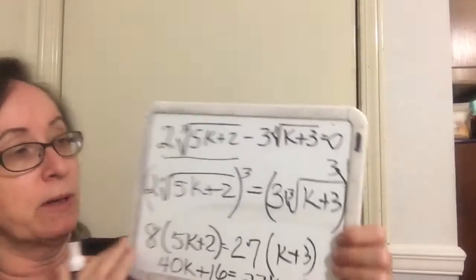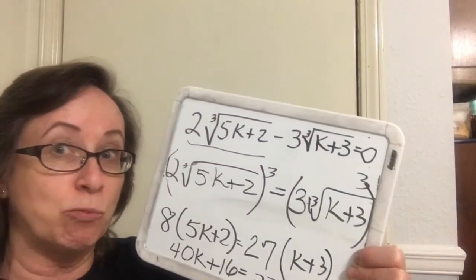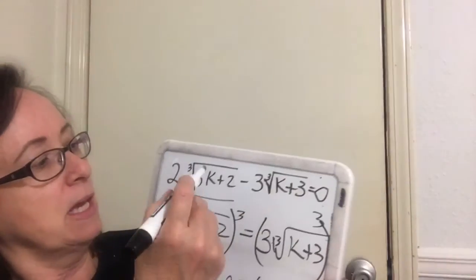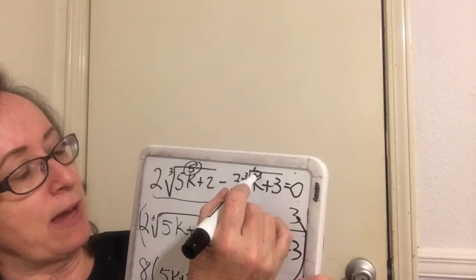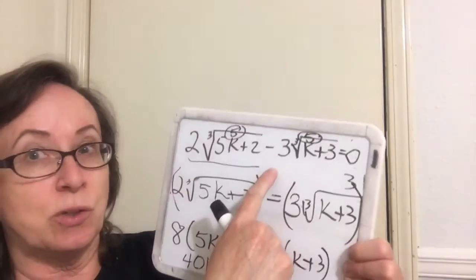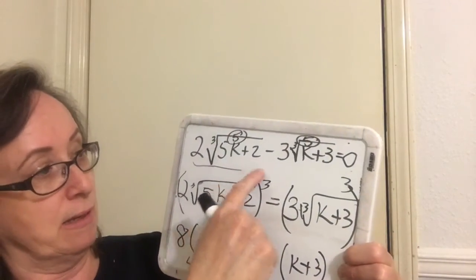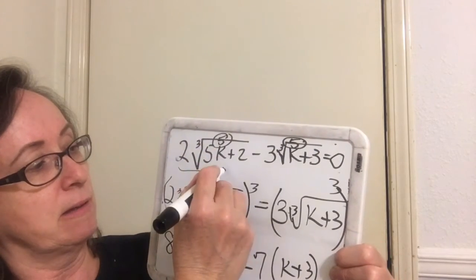So I go back up to my original, which was on this board, and I plug in k is 5 to check and see is it a real solution or an extraneous solution. So I plug in a k is 5 here, and I plug in a k is 5 here, and I get 25 plus 2 is 27. The cubic root of 27 is 3. So I've got 2 times 3.